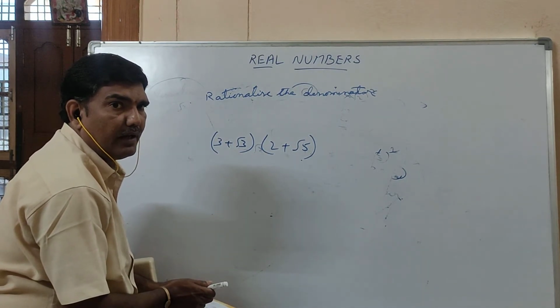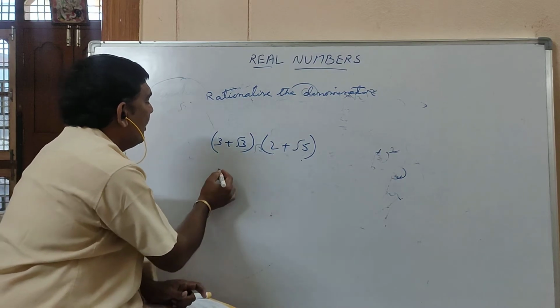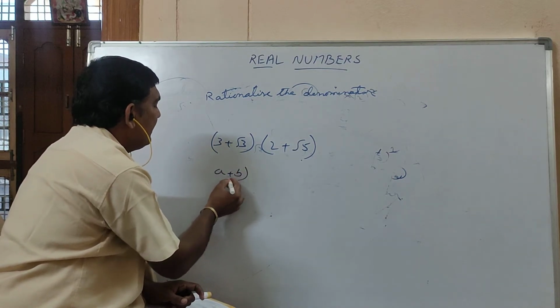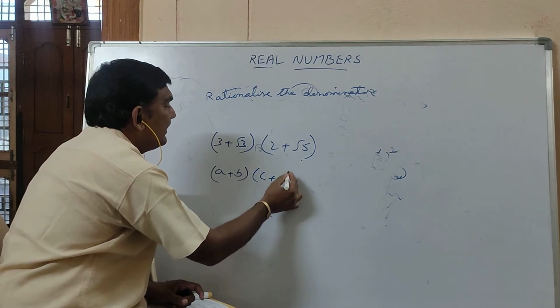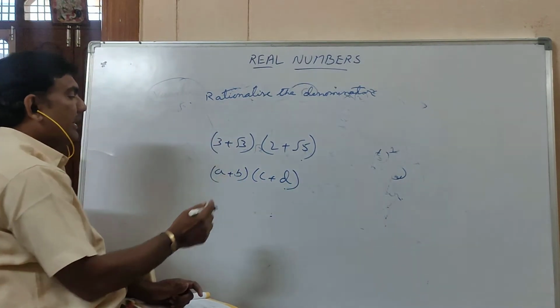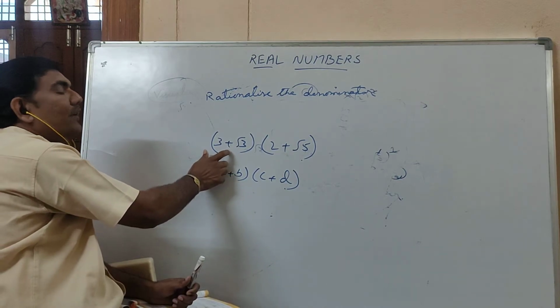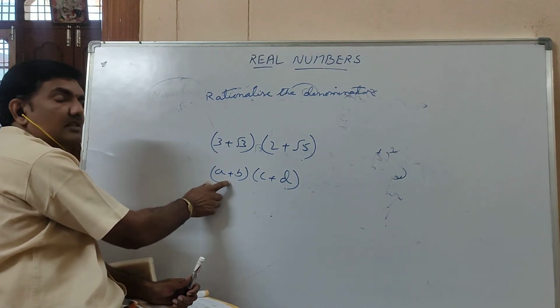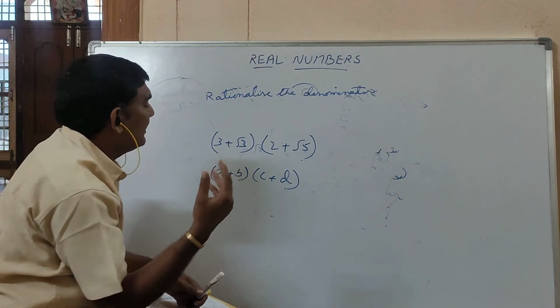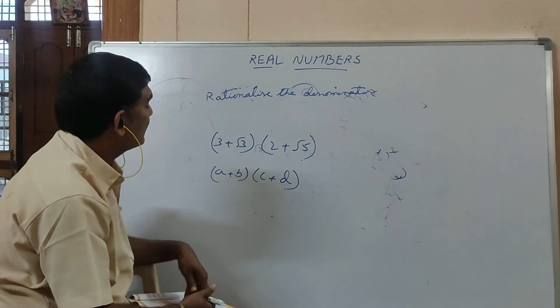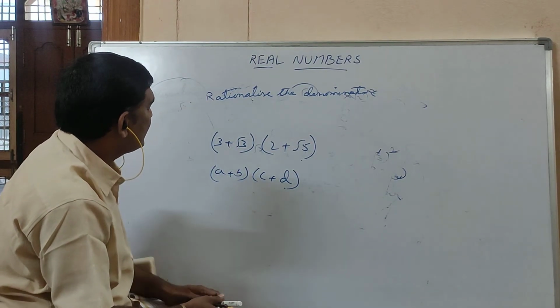Okay. Now, a plus b into c plus d. Why I am writing is, this is new for you, but this you already learned in previous classes. a plus b into c plus d.